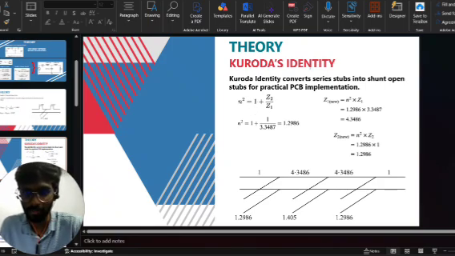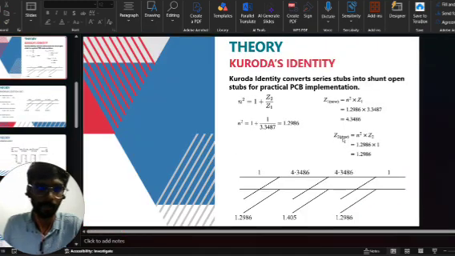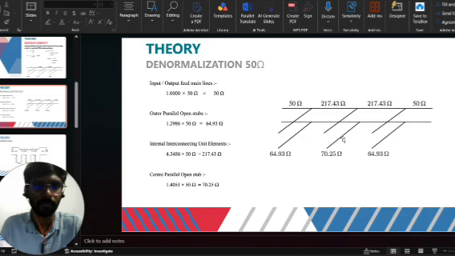As you can see here, after the Kuroda identity calculation, I did sketch a circuit. Okay, the next part is denormalization. After obtaining the normalized transmission line impedance, we perform the denormalization using a 50 ohm reference impedance.